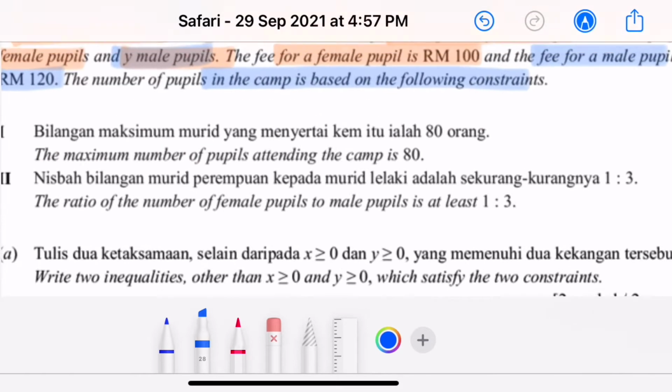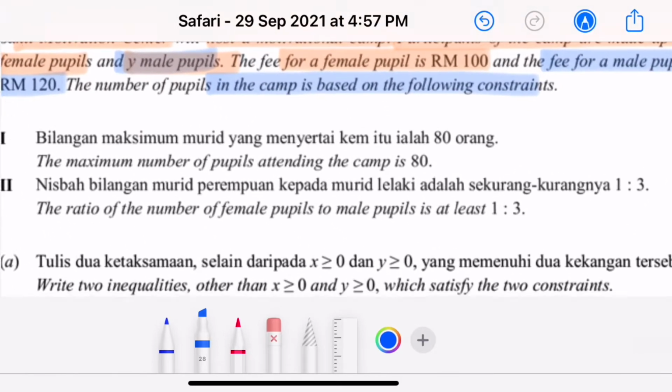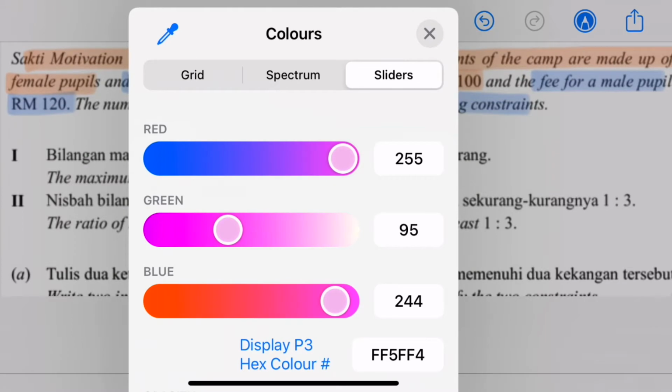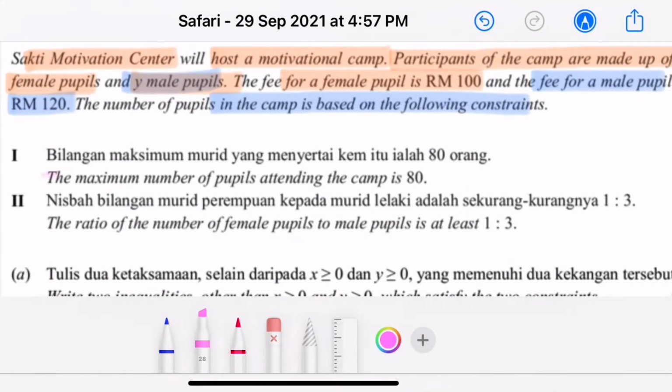Let's have a look. The maximum number of pupils attending the camp is 80. This is number 1.